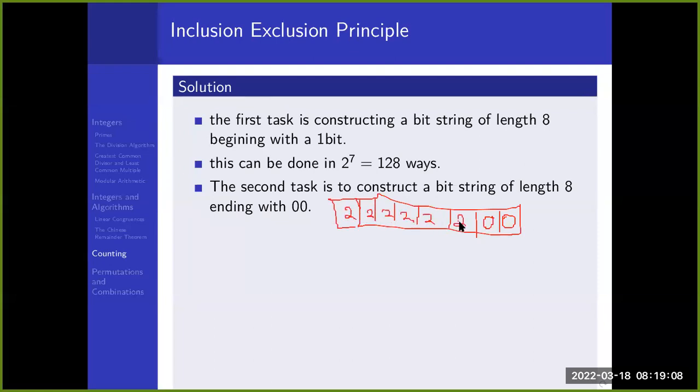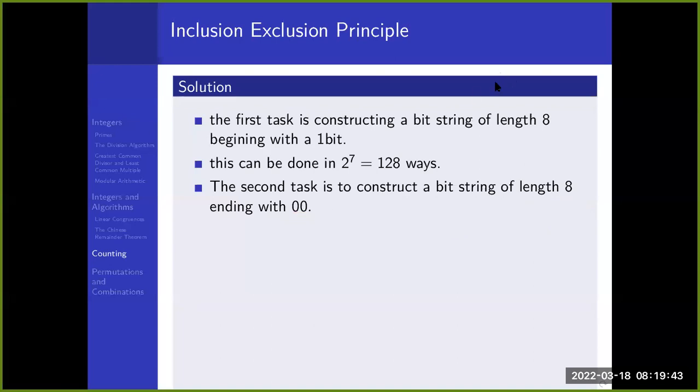So you're left with the 6 other bits, which can be filled in two ways. Since these last ones can only take 0, you can fill each in only one way. So these last 2 can each be filled in one way. If you apply the product rule and multiply this, you will see that there will be a total of 2 raised to 6 ways of constructing a bit string of length 8 that ends with 2 zeros, right?